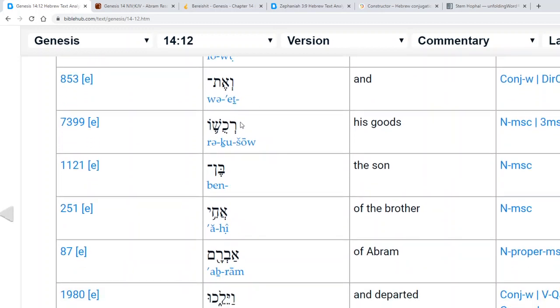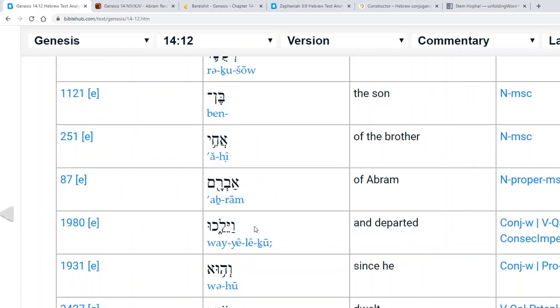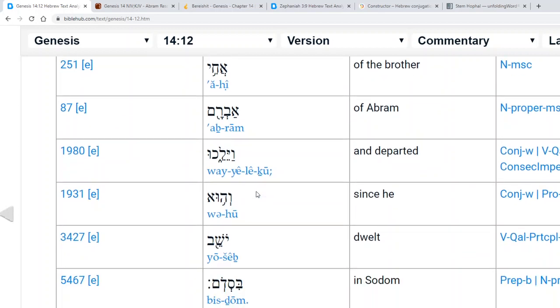Rechusho, his goods, right? We just had rechush, and this is written bechisaron as well, just like before. Ben Achi Abraham, the son of the brother of Abraham, right? And the Achi is the construct form, right? Ben Achi Abraham, the nephew of Abraham, the son of the brother of Abraham. It's still Avram. His name hasn't been changed yet.